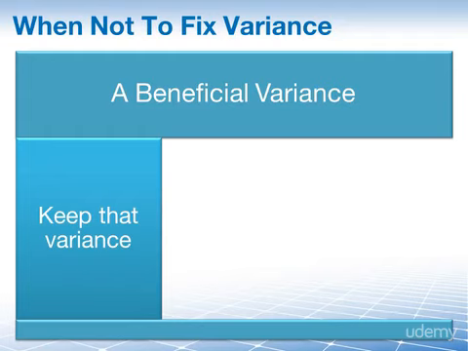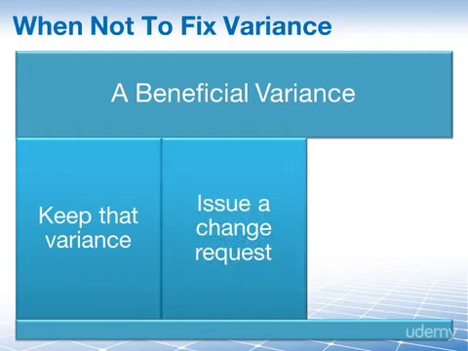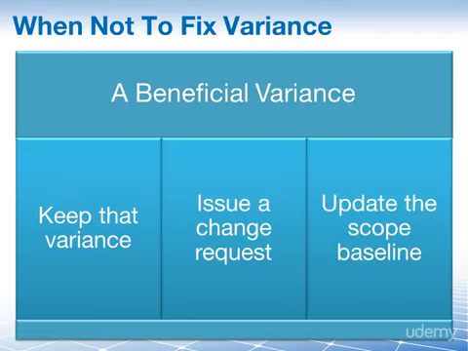So the next step would be to begin documentation by issuing a change request to update this characteristic of the plastic casing in the scope baseline. Yes, it is still a change request, but it's a change request to update the scope baseline and not to fix the variance found.